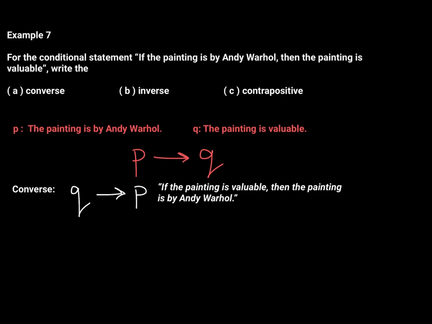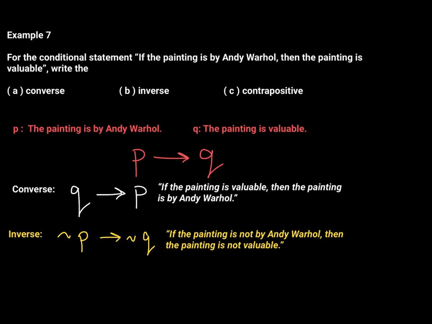Remember, the inverse means we're going to negate the original antecedent and negate the consequent. So it'll be if not P, then not Q. That would be read as, if the painting is not by Andy Warhol, then the painting is not valuable.